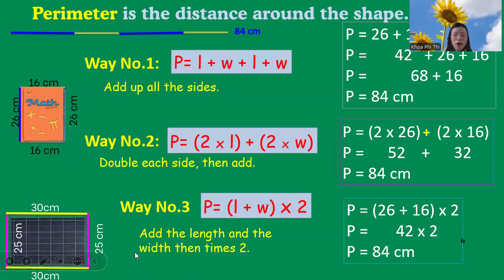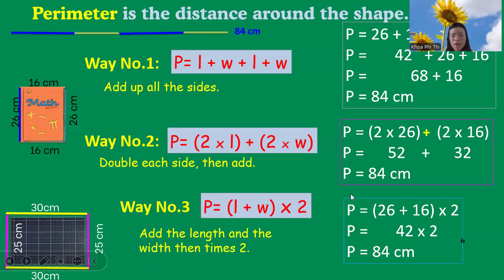Alright class, we already know the distance around the headboard is 110 centimeters from our earlier measurement. The distance around the board is the perimeter of the headboard too. Now let's see how we can write the calculation, the solution. I have a challenge for our 3 groups. You have 1 minute to write your assigned way on your handboard.